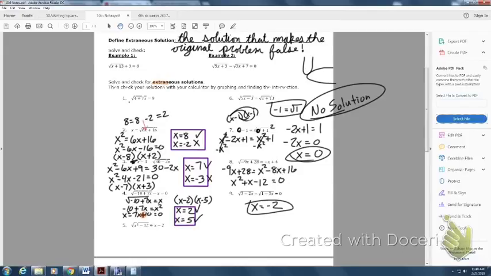So what factors of -4 are going to add up to +1? -3 and +4. What 2 solutions is that going to give me? Which one is my extraneous?